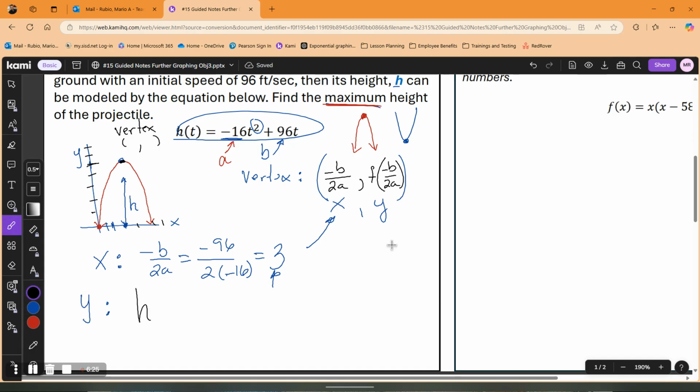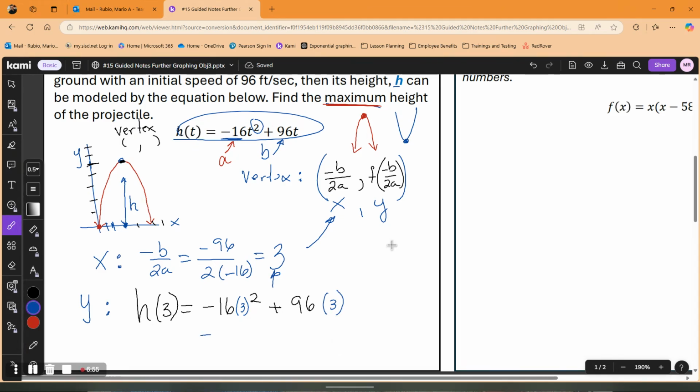It's the function h, but instead of t, I'm going to put the number 3. Everywhere there's a t, I'm going to replace it with that 3. So instead of t squared, I'm going to put 3 squared, and instead of t, I'm going to write 3.